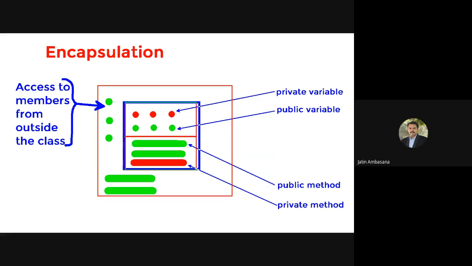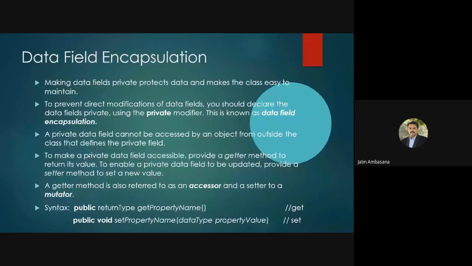This is the class inside which it has got variables and methods. And if you want to hide some variables or some data from the outside world, you make it private. But still, if you want to make it accessible by indirect means, then you can make it accessible through public methods. As simple as that. Okay. So what is data field encapsulation? Let's see.